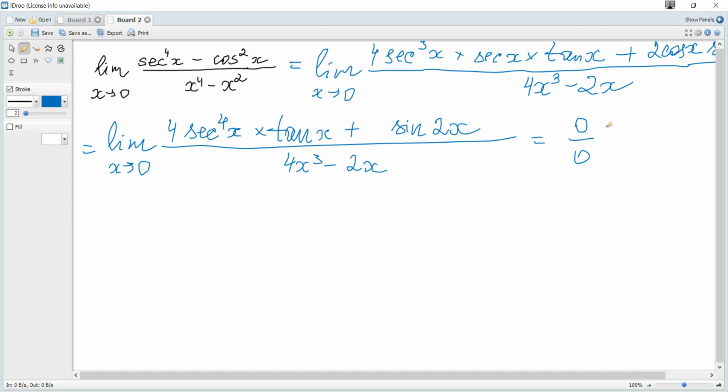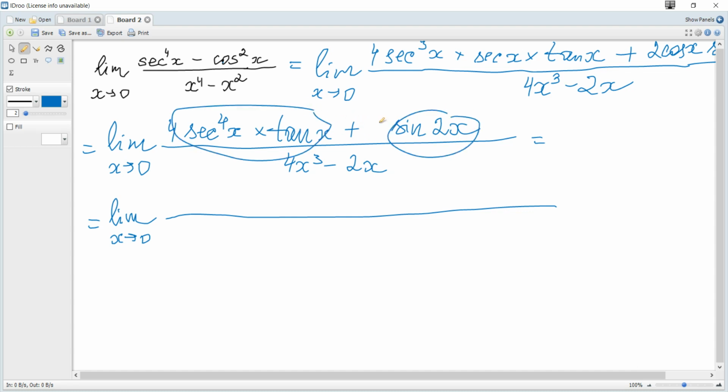and we should apply L'Hopital's rule again, and it becomes the limit of the derivative of the numerator divided by the derivative of the denominator. So we need to find derivatives again, and the derivative of the numerator will be the derivative of this plus the derivative of this.